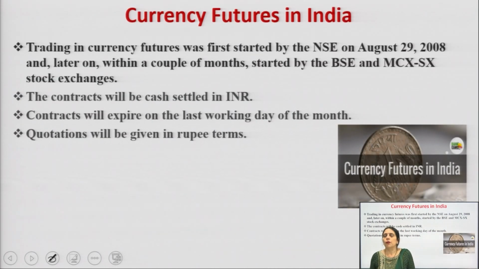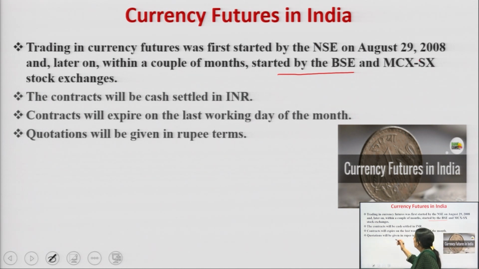Now, currency futures in India. They were started on August 29, 2008 at the National Stock Exchange, and within a couple of months later they were started on the Bombay Stock Exchange and the Multi Commodity Exchange.